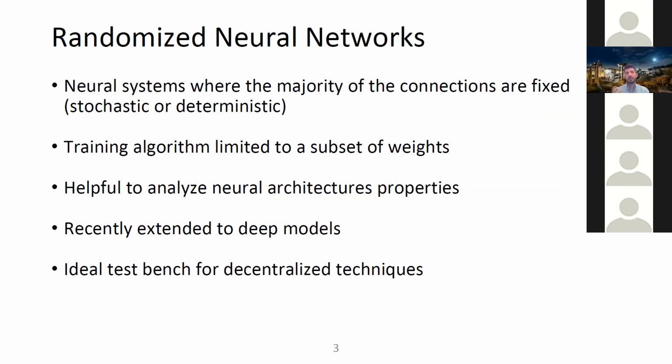Sometimes these randomized neural networks are used to analyze the properties of neural networks and to gain insights on their inner mechanisms. They are also getting a resurgence in recent years because they are being extended to deep models. And since the training algorithm is limited, they are the ideal test bench for distributed techniques.